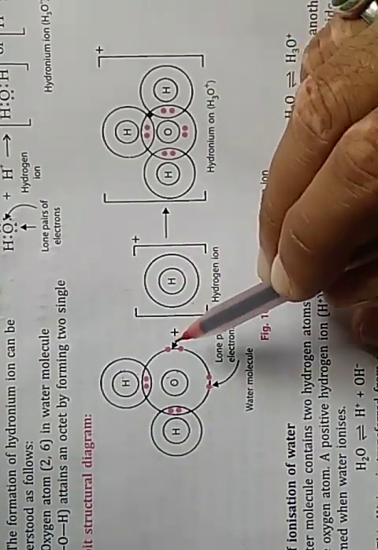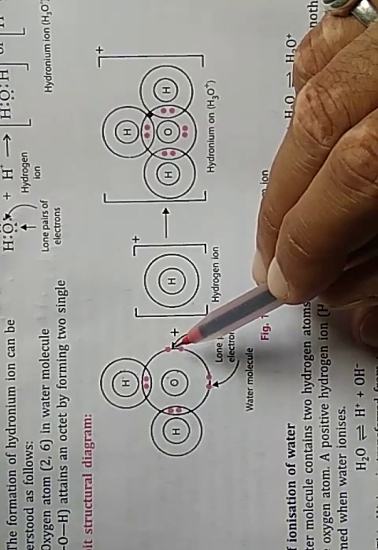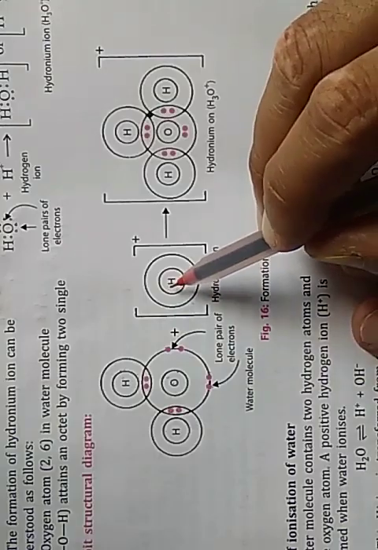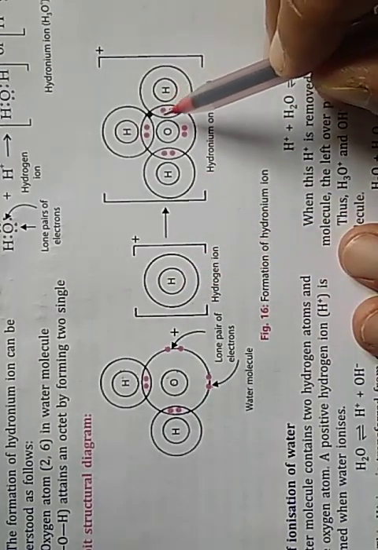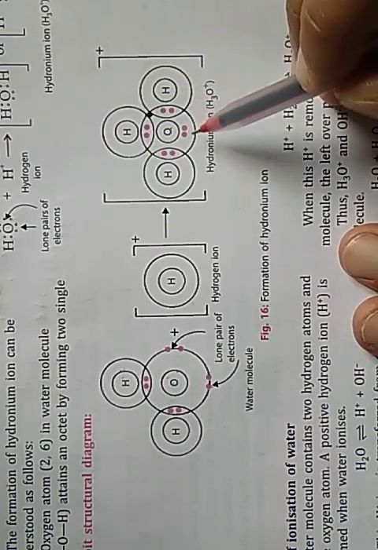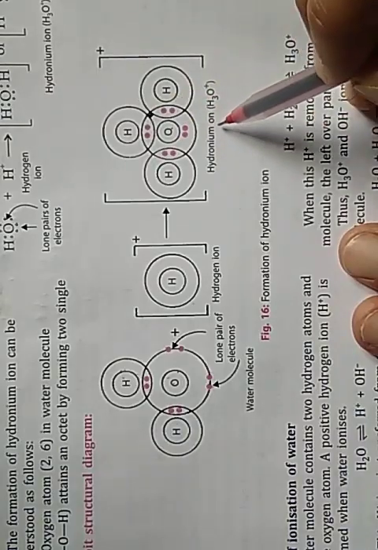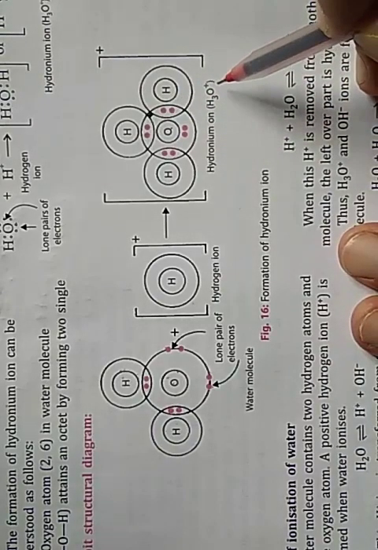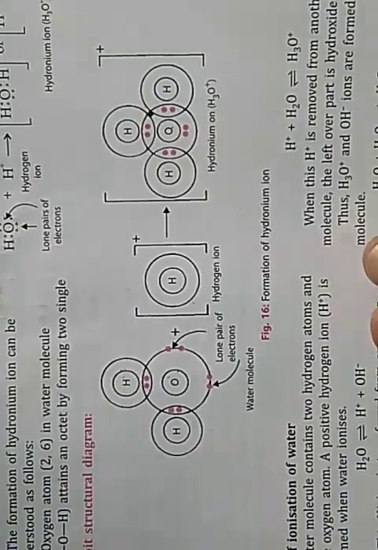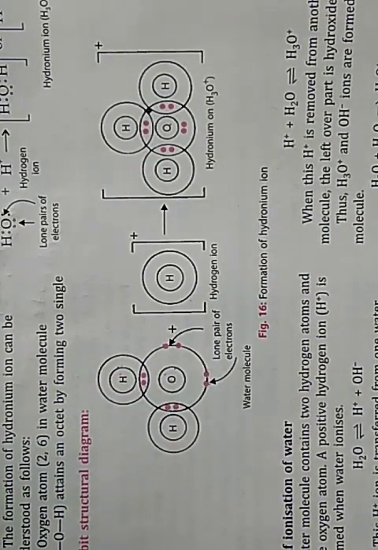So in that case, a lone pair of electrons from the oxygen is transferred to the hydrogen, and they form a coordinate bond between oxygen and hydrogen, and this ion is called the hydronium ion, H3O plus. Now this is all about the structure of coordinate bonds. Okay, thank you.